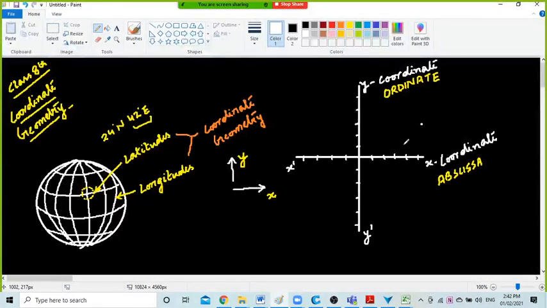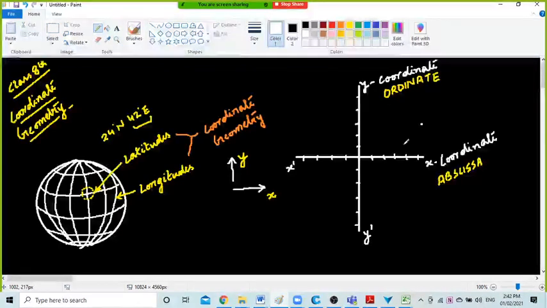In the same manner, if I represent some value over here, let's say this is Q. On the x-axis the value is -2 and on the y-axis also the value is -2. Clear?